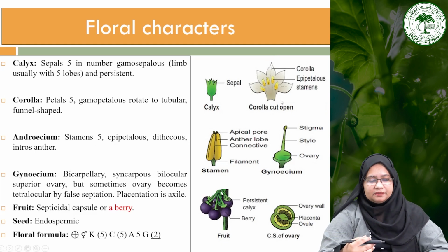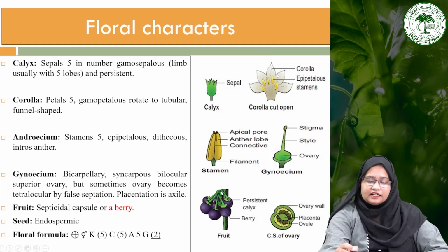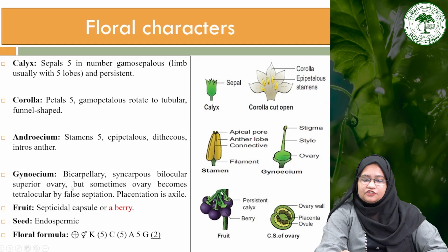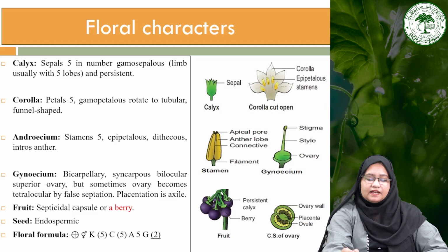This one is the male flower and this one is the female flower. It is showing the androecium, and this is the gynoecium of the family, showing the inferior ovary, and this is showing the disc.